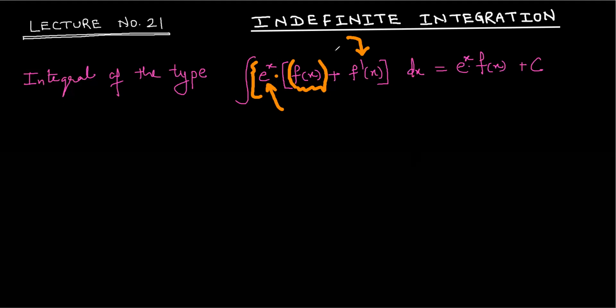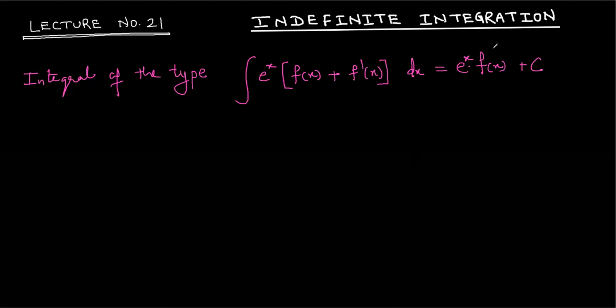So the integration of the complete integrand is nothing but e raised to x into f of x. It is equal to e raised to x into f of x plus c.